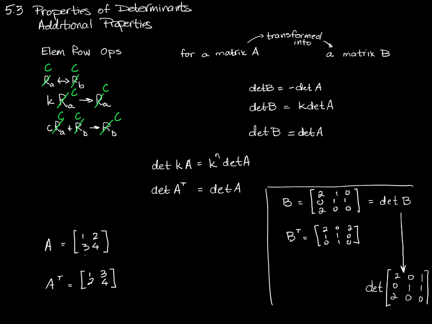And because all I've done here is swap two columns, because I'm working with a transpose matrix, I'm going to get the same determinant as I would have got by taking the determinant of this matrix. I'll get the same determinant for B with the exception of the sign, right? It's this property here. All I've done is swap two columns, so the determinants just have different signs.